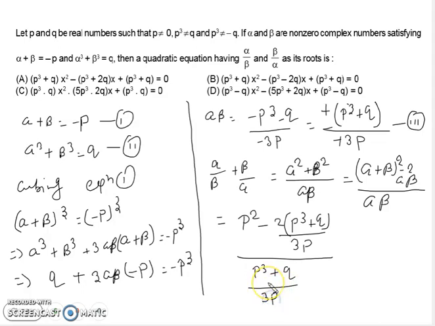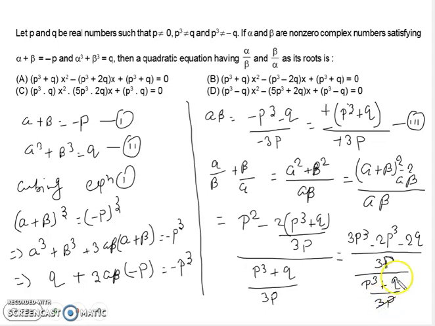And after taking the LCM, we can write here 3p cube minus 2p cube minus 2q divided by 3p, over p cube plus q by 3p, right?